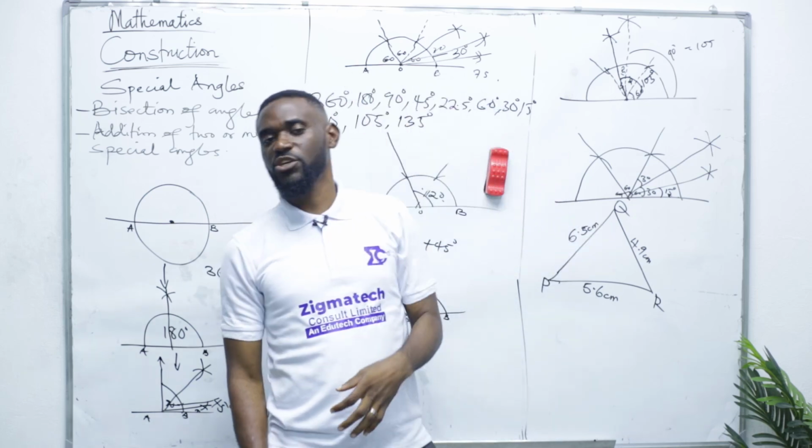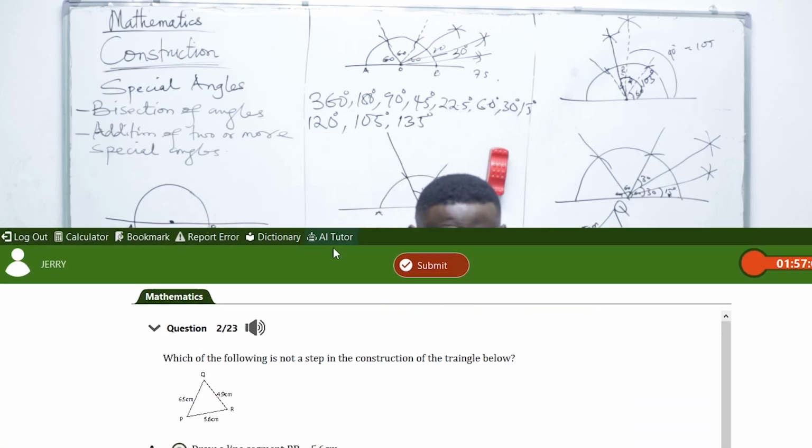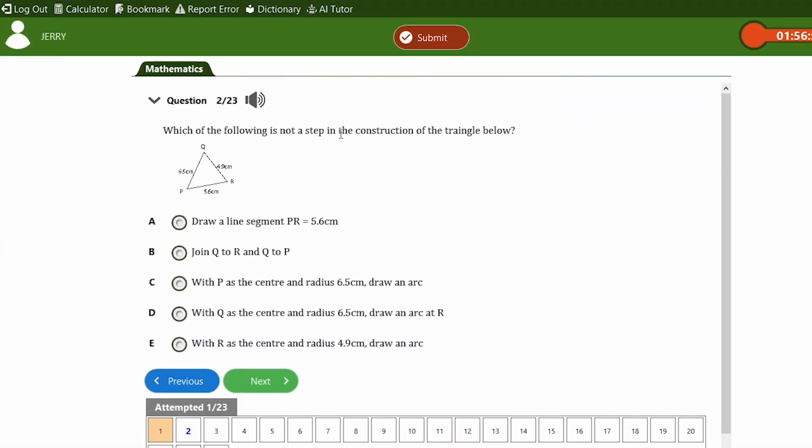Now, the question here is, look at the screen: which of the following is not a step in the construction of the triangle below?